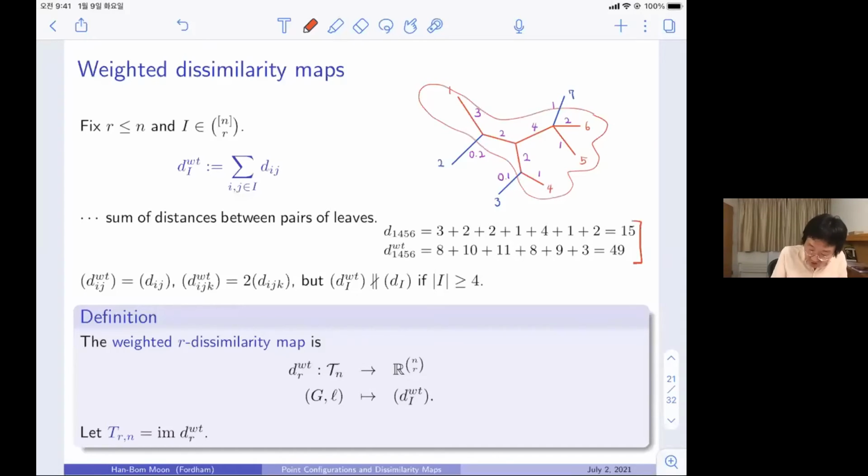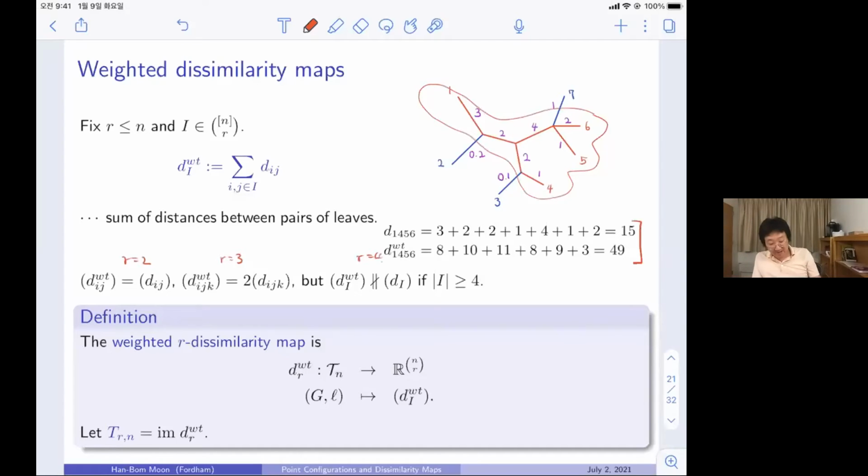When R is 2, this is exactly the same as the ordinary dissimilarity map. When R is 3, this is a scalar multiple. But when R is 4, now we have a completely different vector.